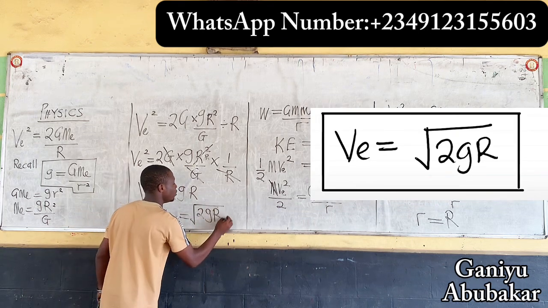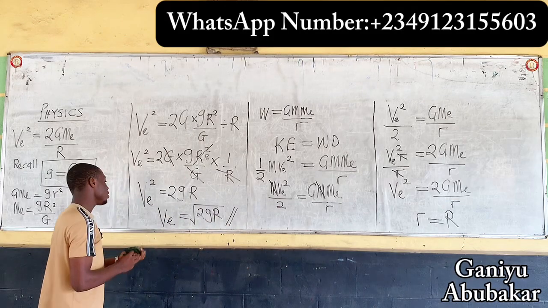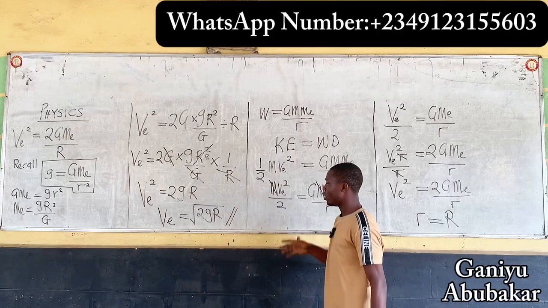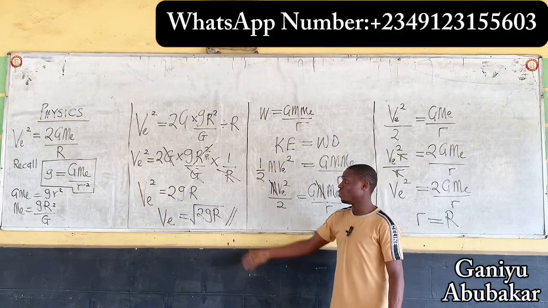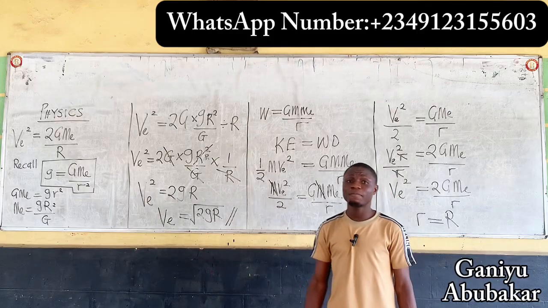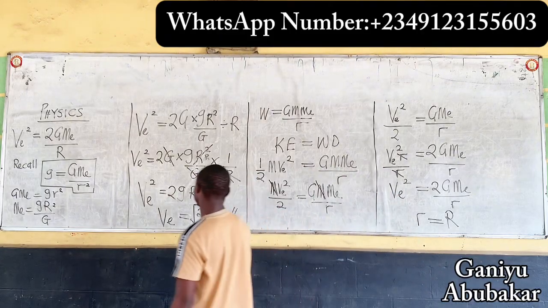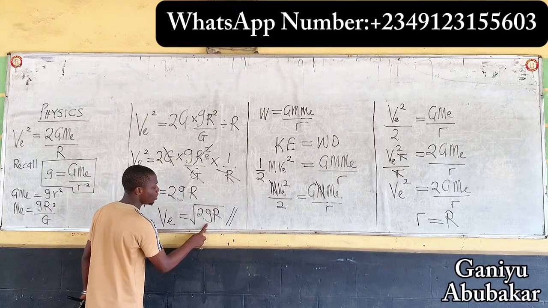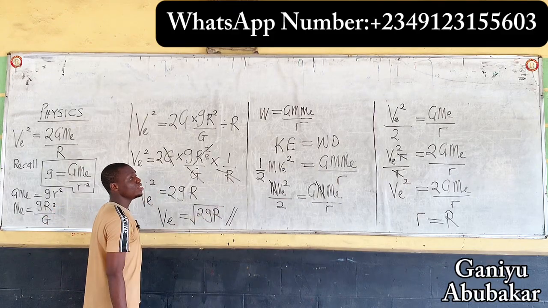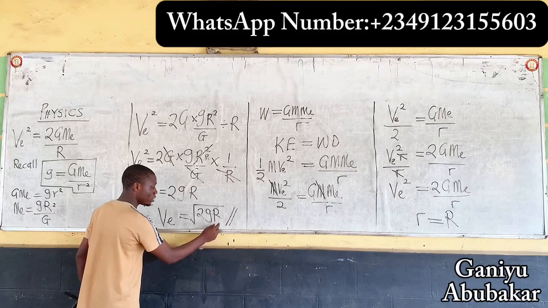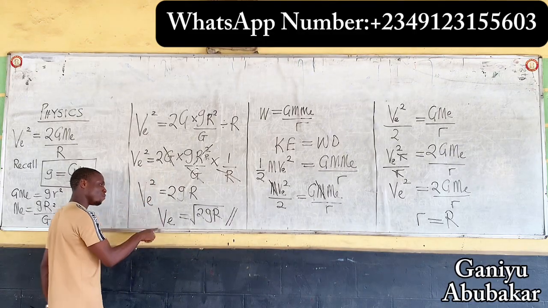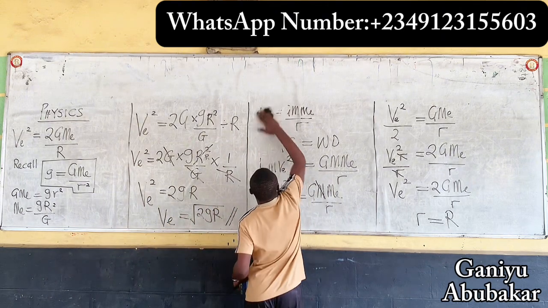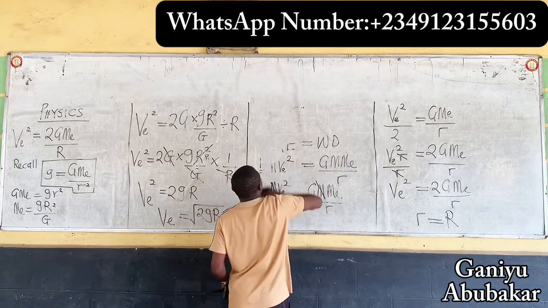This becomes the formula for calculating the escape velocity of a body. Now, here's the concept. This g is a constant, that's 9.81. This R is called radius of Earth, also a constant. So it means that we can get a value for Ve. If I know all this stuff, definitely I can get a value for Ve.